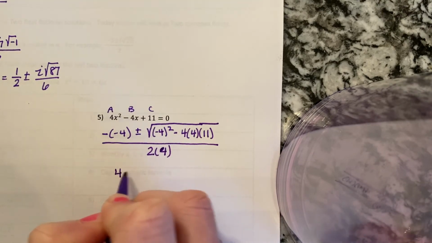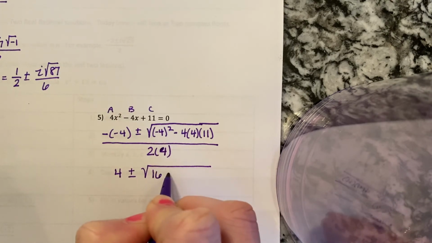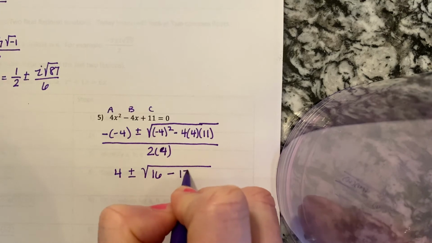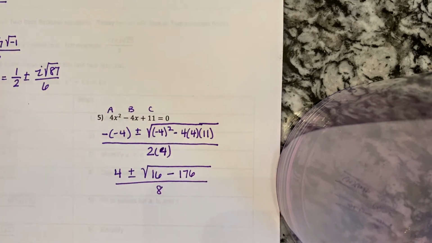Negative 4 is positive 4 plus or minus the square root of 16 minus 16 times 11 is 176. And that's all going to be over 8. So 16 minus 176 is going to give you negative 160. So you're going to get 4 plus or minus the square root of negative 160 over 8.